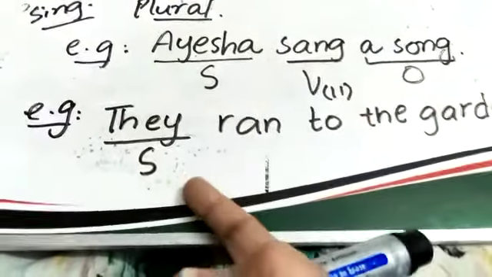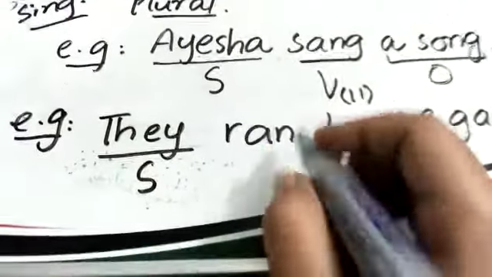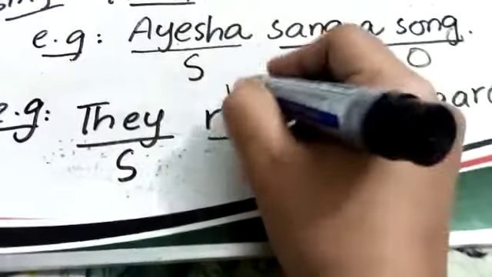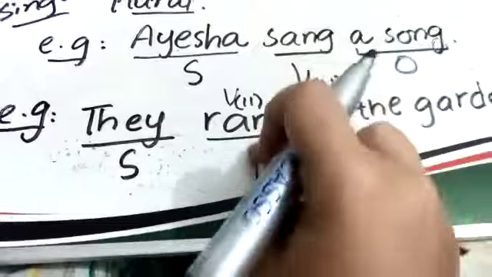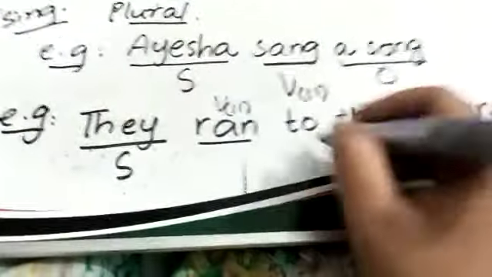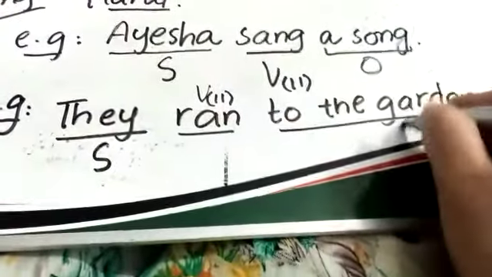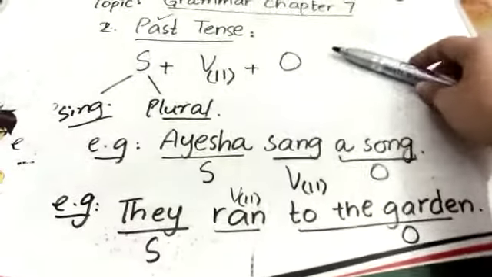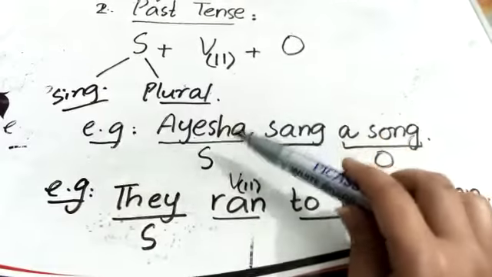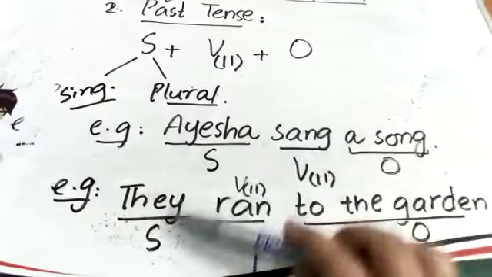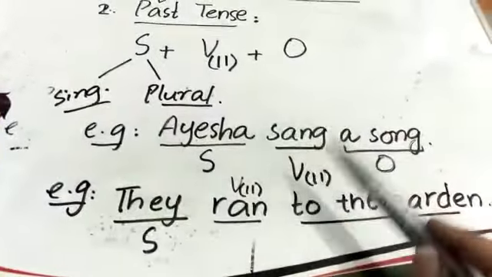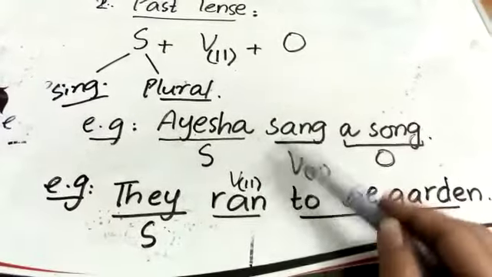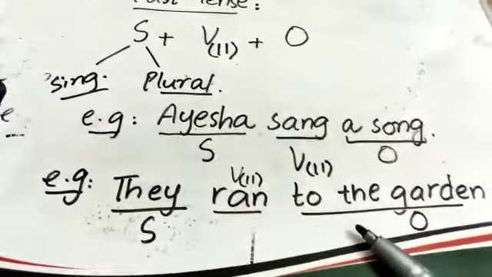Then we have ran. Ran is the verb second form; run is the first form, and ran is the second form of the verb, and to the garden is your object. So simple past tense is the very simplest tense, because whether your subject is singular or plural, you will always use the verb in its second form in both cases, and then your object will come.